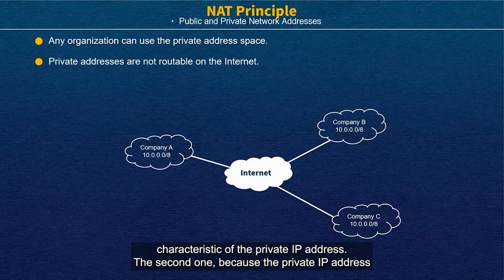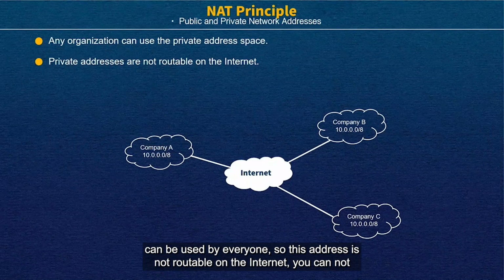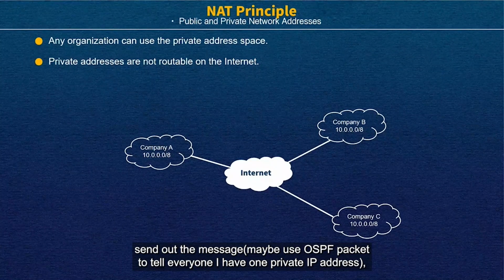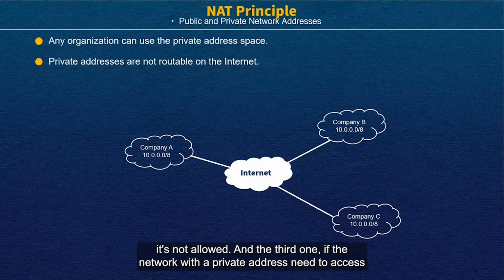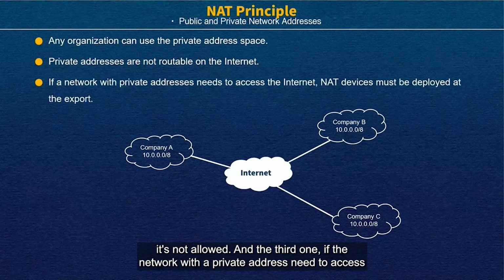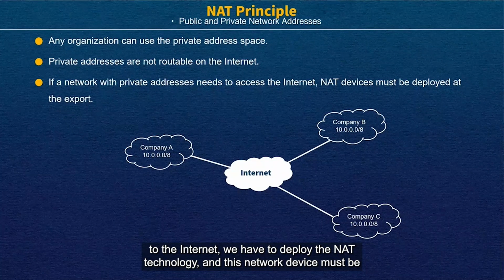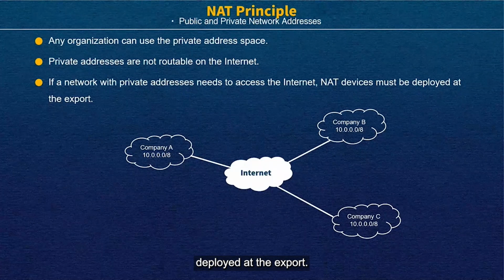The second one: because everyone can use private IP addresses, these addresses are not routable on the internet. You cannot directly send out, for example, OSPF packets to tell everyone you have one private IP address. It's not allowed. And the third one: if a network with a private address needs to access the internet, we have to deploy NAT technology.